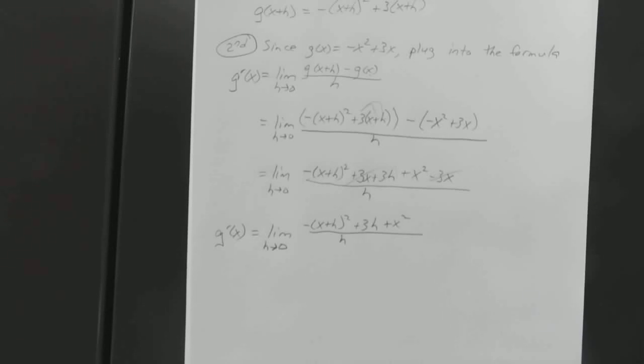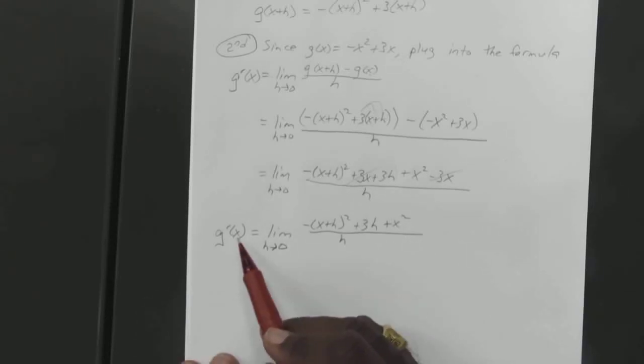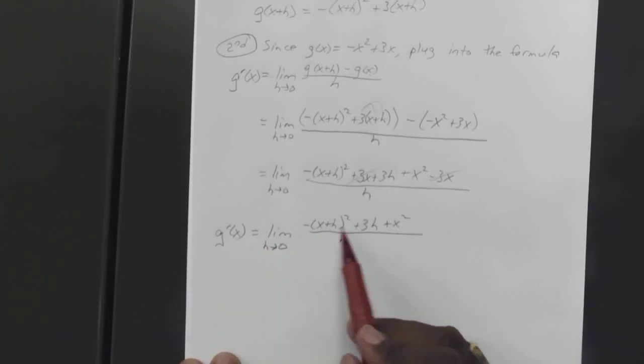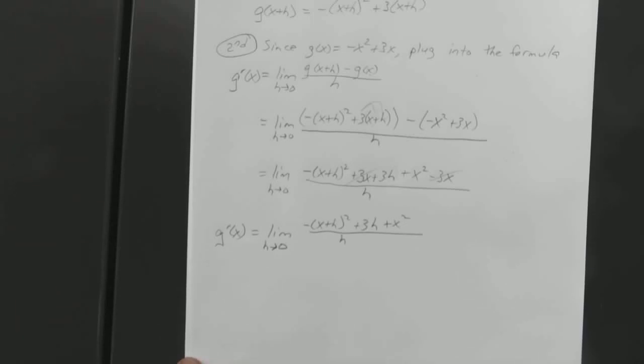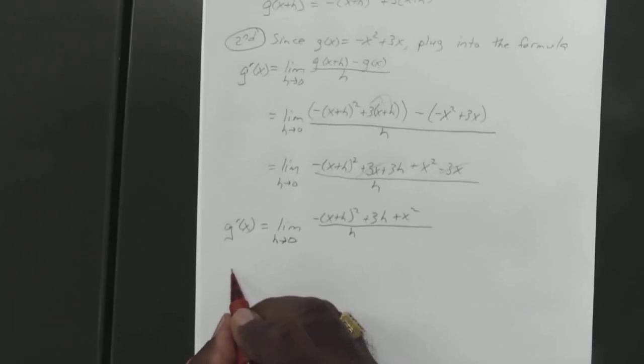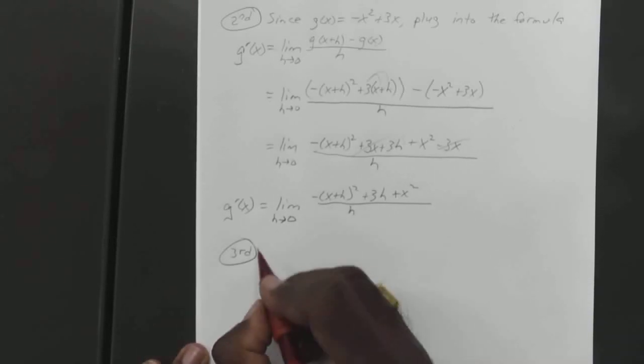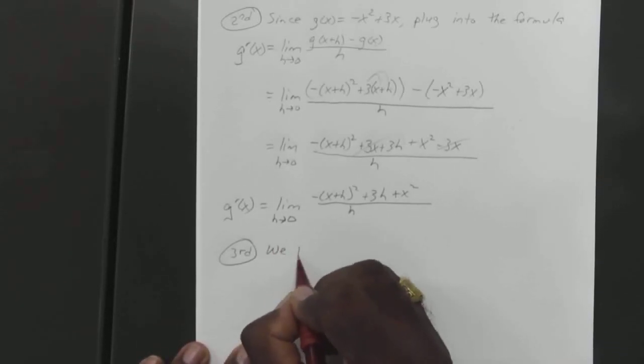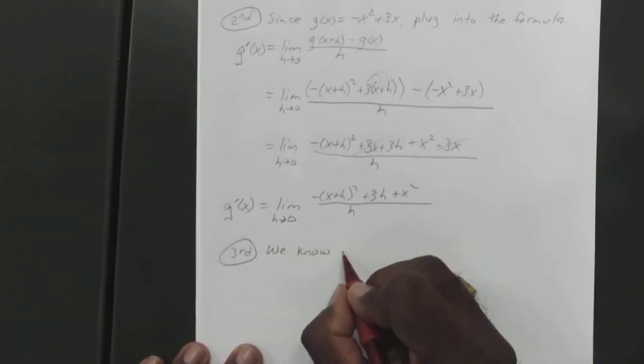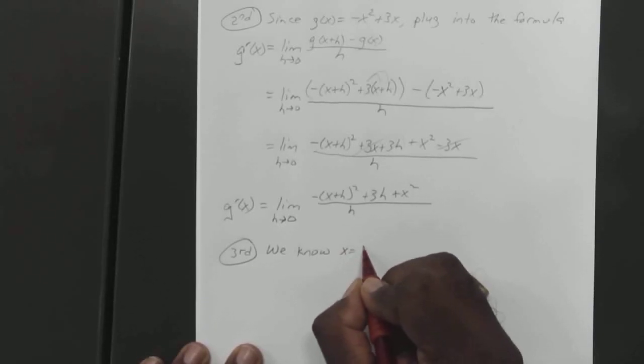Now with this one, you add a third step because now we know what x is equal to. Since x is equal to 2, we just plug 2 in and replace every x with 2.